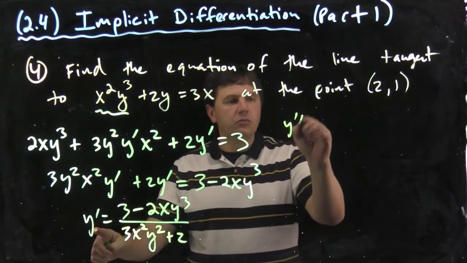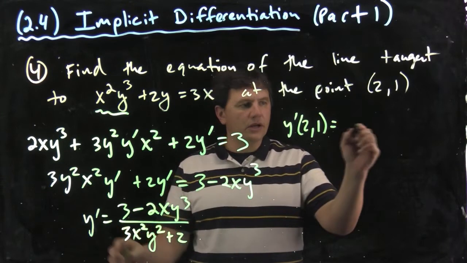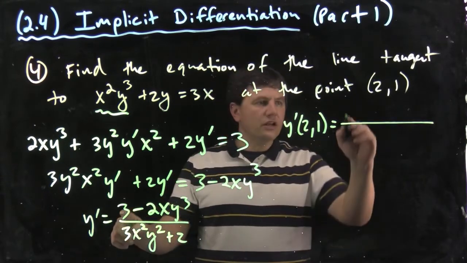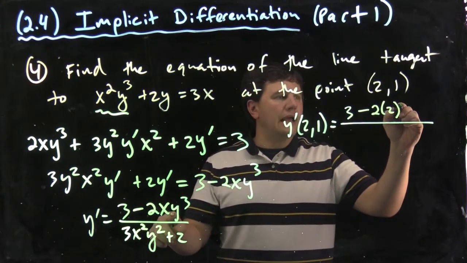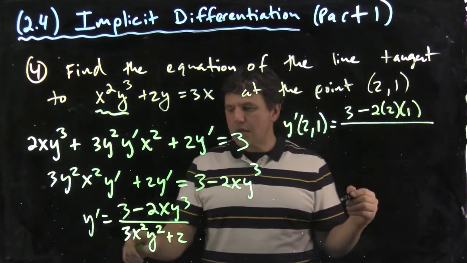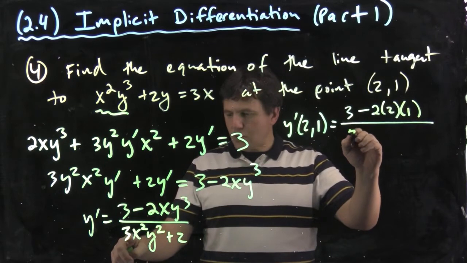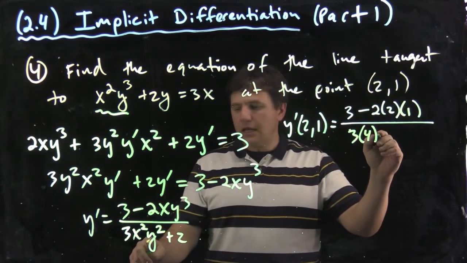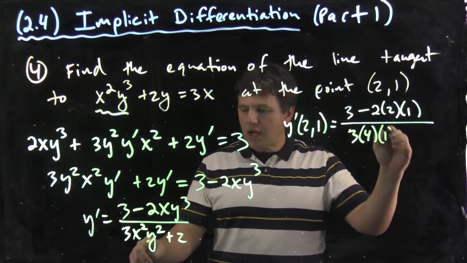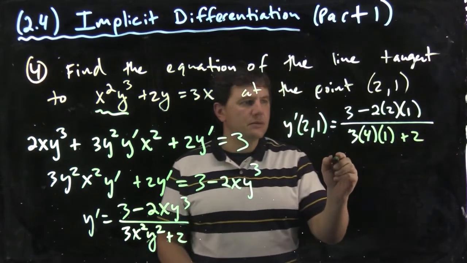So I'm going to take this point, (2, 1), and I'm going to plug it into this. So that's going to give me 3 minus 2 times 2, and then 1 to the third, that's just going to be 1. In the denominator, 3 times 2 squared, that's 4, and y squared, that's just 1, plus 2. Let's simplify this.